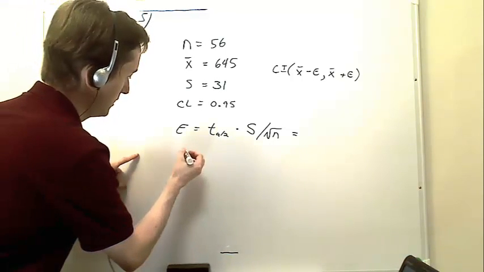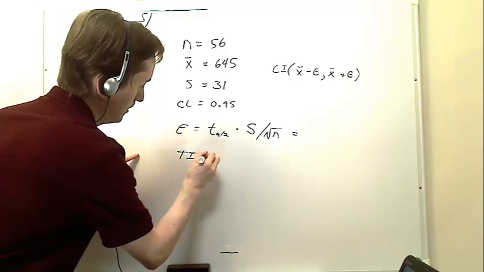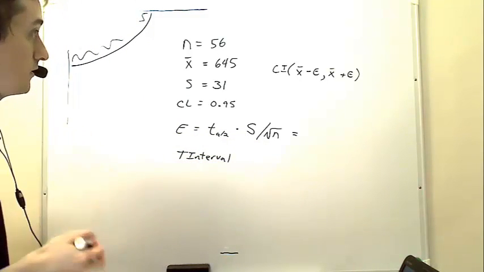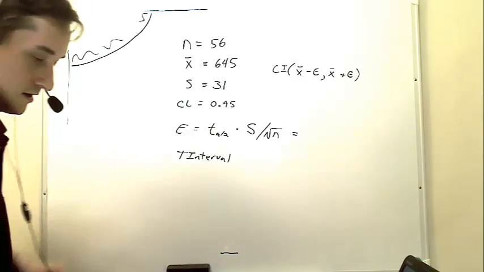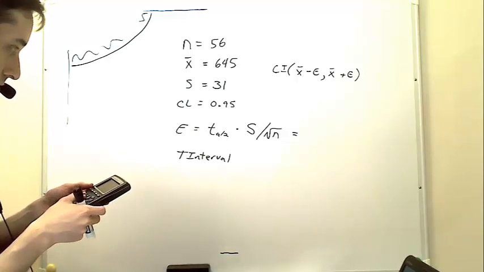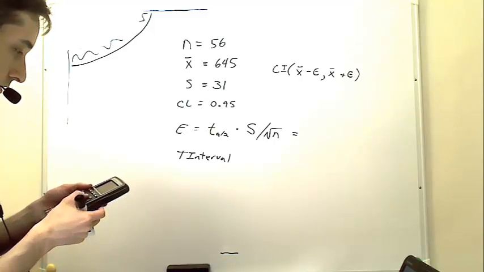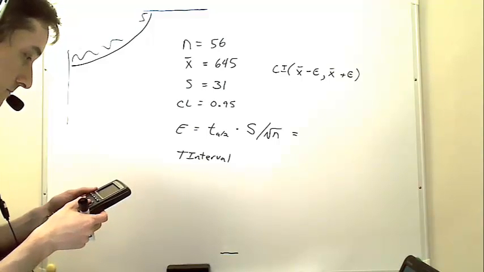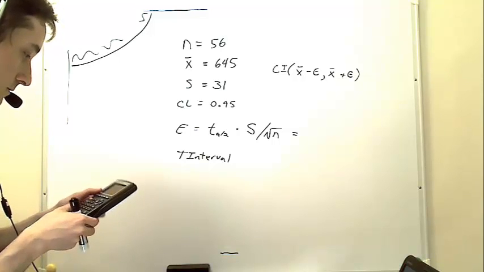It's going to be the T interval. Basically it just calculates the interval for you. Let's see if I have enough information to do that. Say you go to the stat button, and then at the top you have 3 categories. You arrow over to tests, and that gives you a list, and you select number 8 within that list.